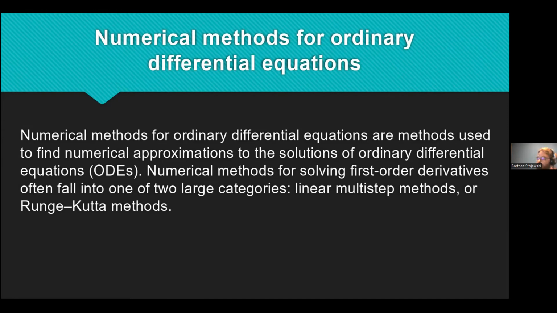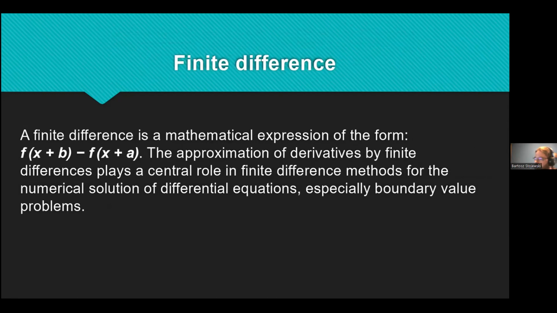To get into that, let's start with the most basic forms of numerical methods. First, we need to know what a finite difference is. A finite difference is a mathematical expression of the form shown in the text here. The approximation of derivatives by finite differences plays a central role in finite difference methods for the numerical solutions of differential equations, especially boundary value problems.